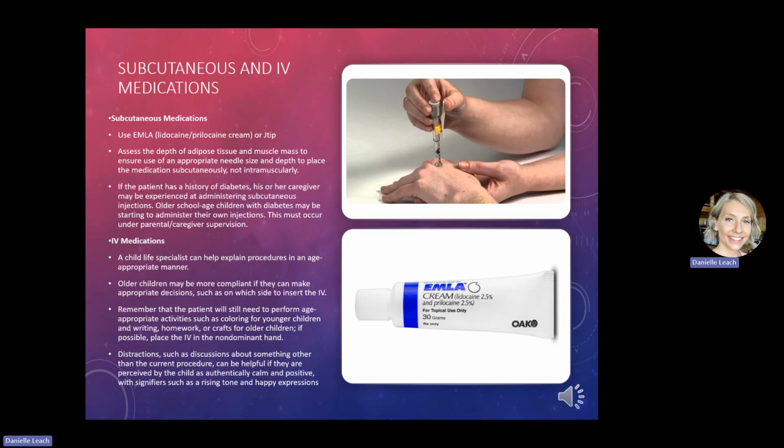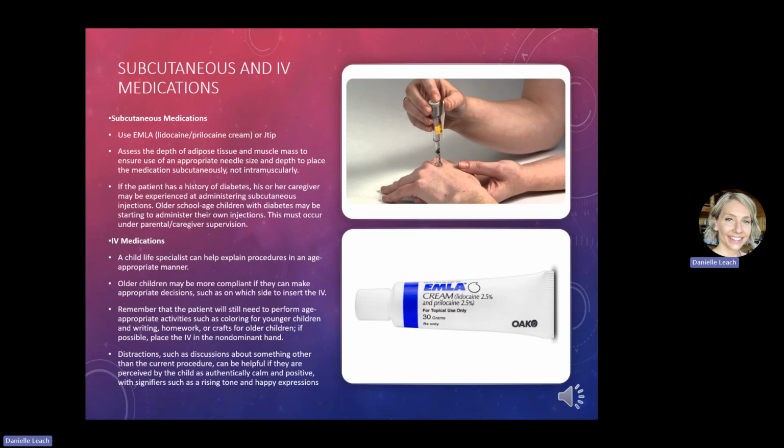We also want to make sure that we're choosing the correct needle size and length for whatever we're doing based on how big the child is. So if we are giving an injection, an IM injection to a baby, obviously our needle length is going to be much shorter than if we are giving it to a 16-year-old.